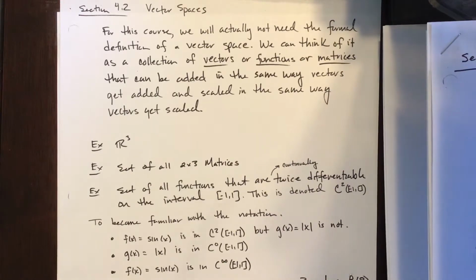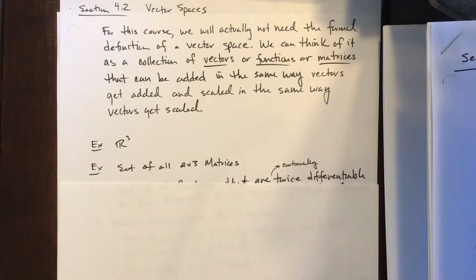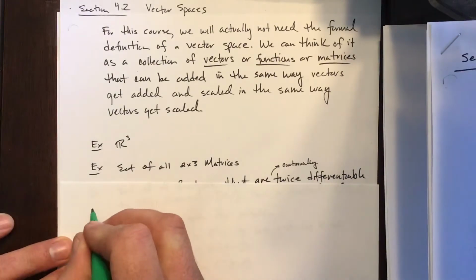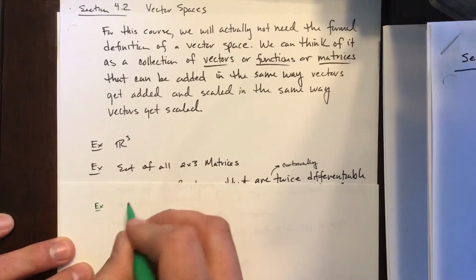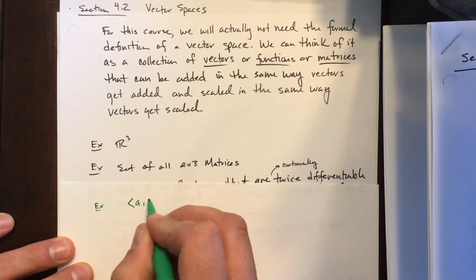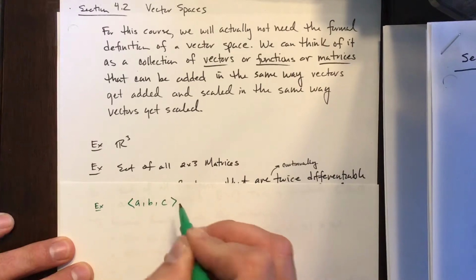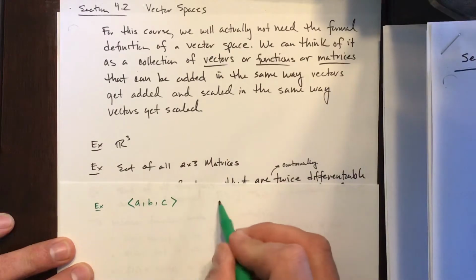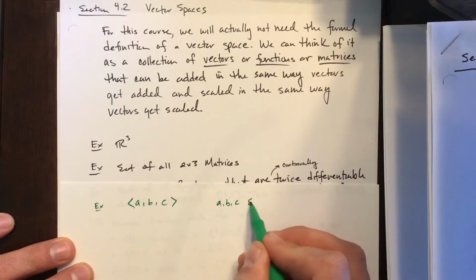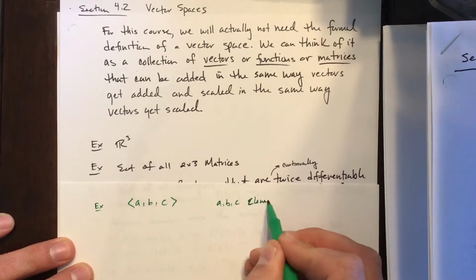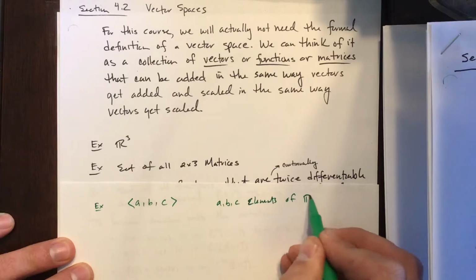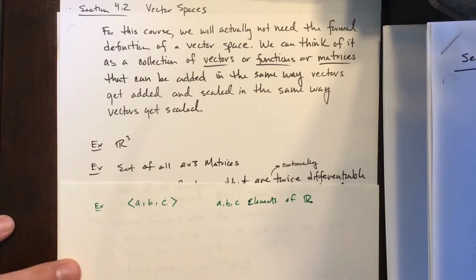Okay, another example of a vector space would be the set of all 2x3 matrices. Looking at these two first examples, you could think of the first example as the set of all vectors that look like A, B, and C, where A, B, and C are all elements of the reals. Okay, they're all real numbers.